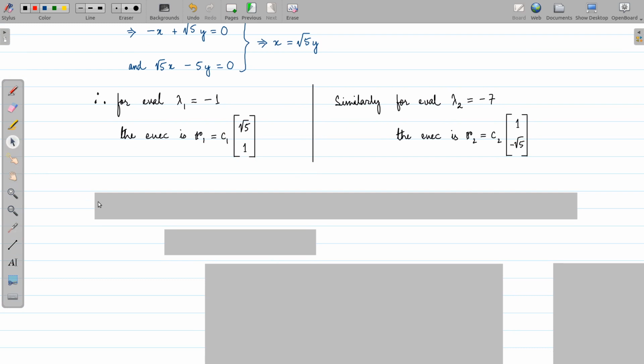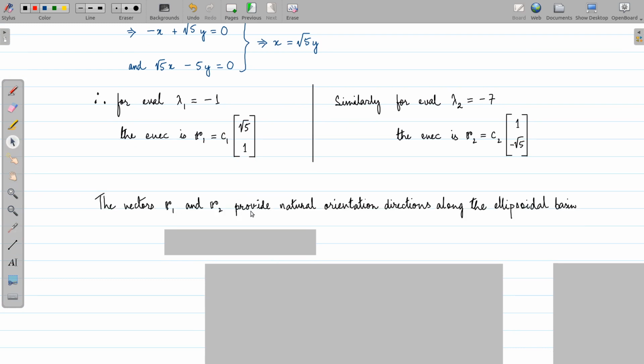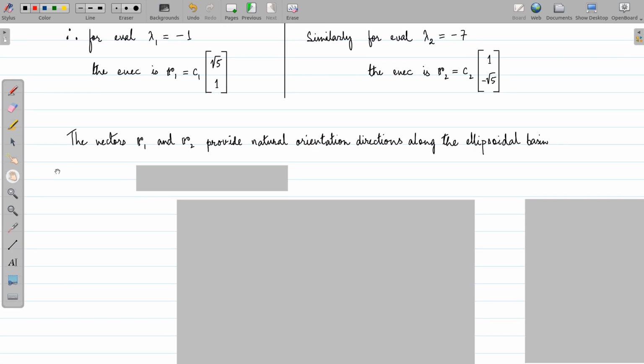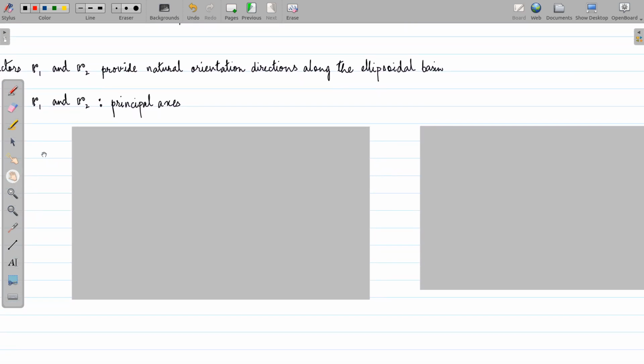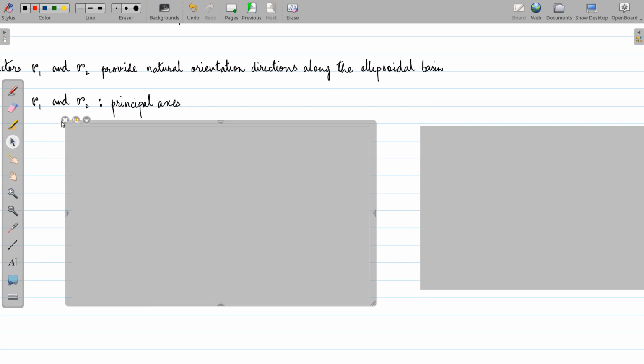These two eigenvectors provide natural orientation directions along the ellipsoidal basin. These two vectors R1 and R2 describe what are known as the principal axes. You can see that from this diagram.